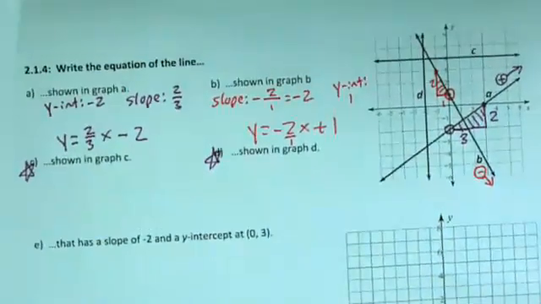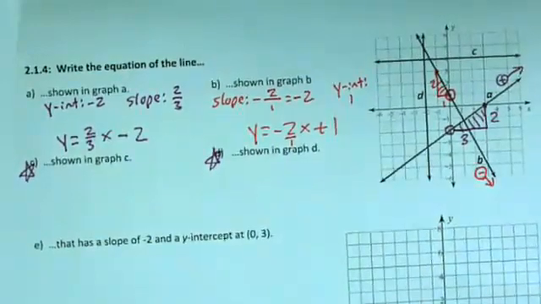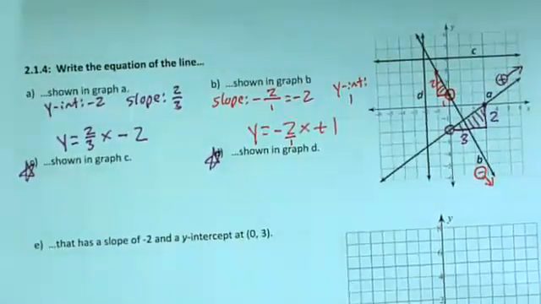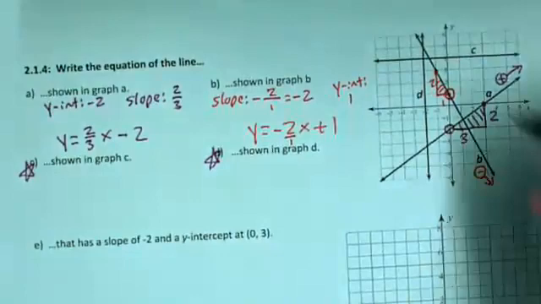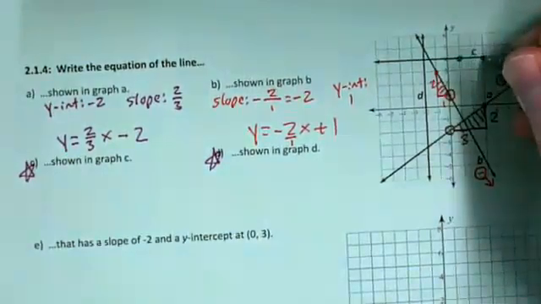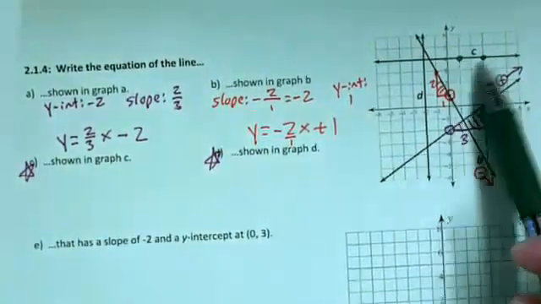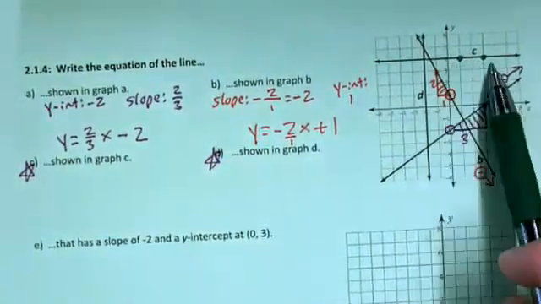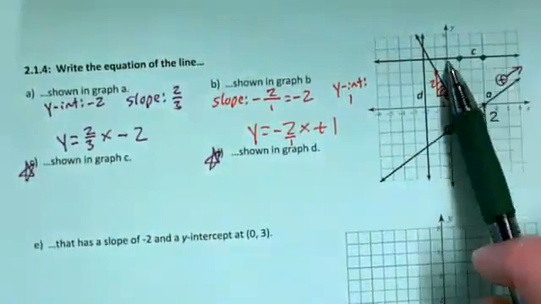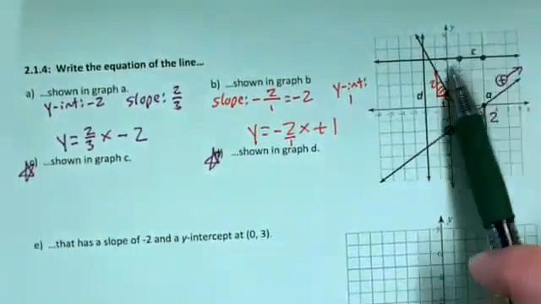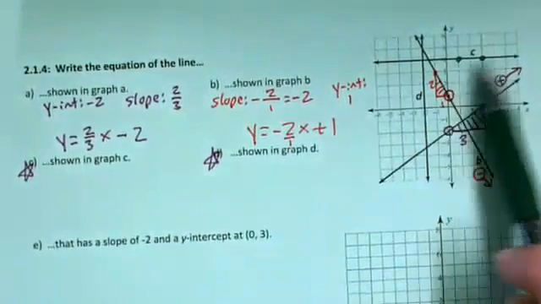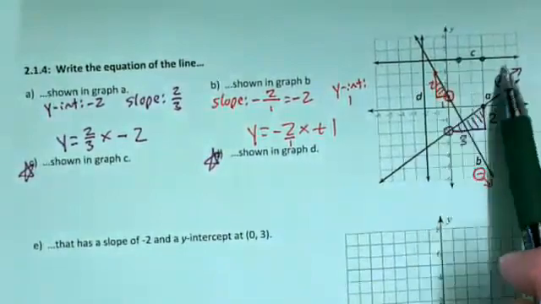All right, now line C and D, I want everybody's attention up here because these ones are simple, but they're easy to mess up also. All right, so I'm going to pick a couple points on line C. And this is a kind of a different question than I've asked you before. Look at these 2 points that I picked on line C. And my question for you is, what do they have in common? Do they have the same x coordinate or do they have the same y coordinate, these 2 points? They both have the same y coordinate?